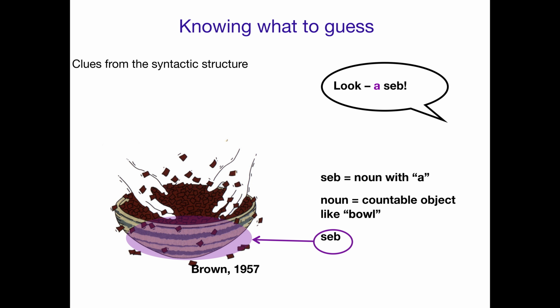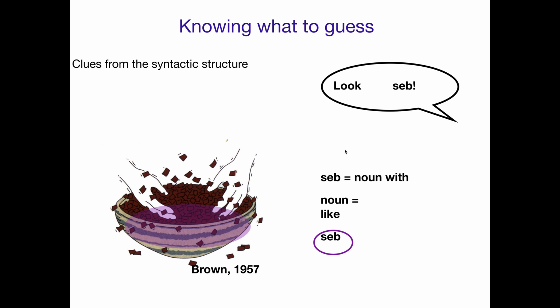Versus if you say, look, a seb, well, this kind of frame, you're looking for a single, because a means one, object. Look, a goblin, look, a penguin, look, a bowl, look, a seb. Oh, well, there's only one single sort of countable object here, and that's the bowl. So you think based on this syntactic structure, it means the bowl.